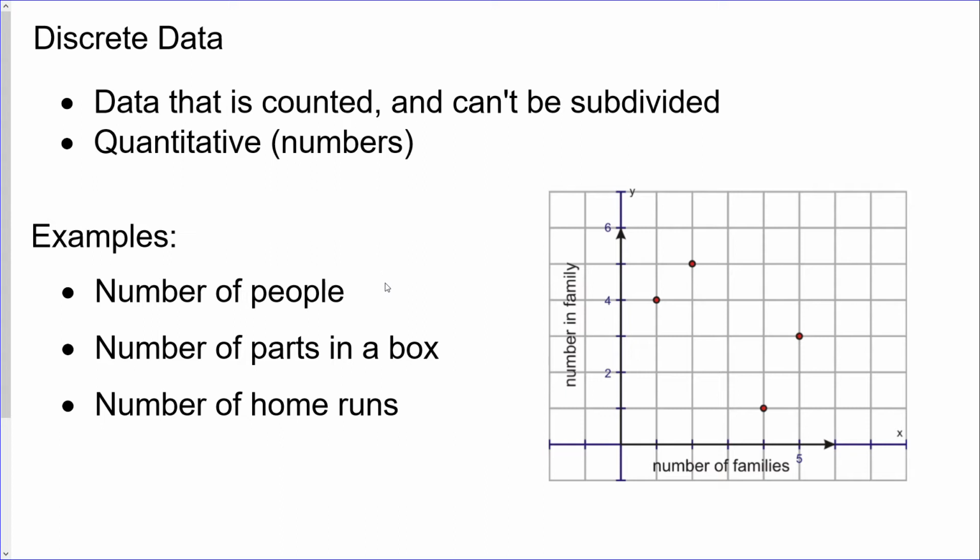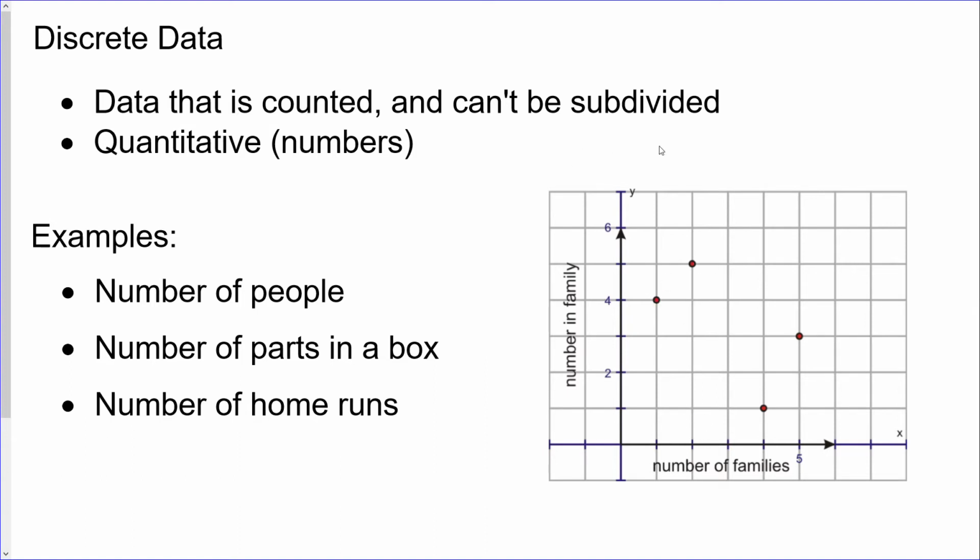So you have a specific number of people, and this graph represents that. You have number of families along the horizontal axis, number in a family in the vertical axis, and so one family has 4 people, 2 families have 5 people, that kind of thing.